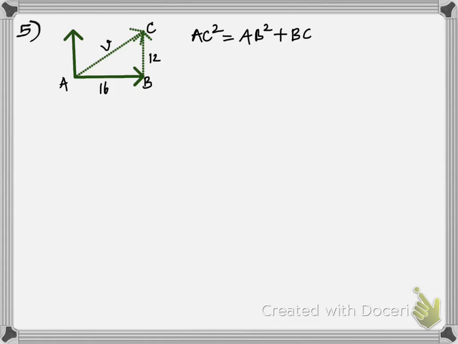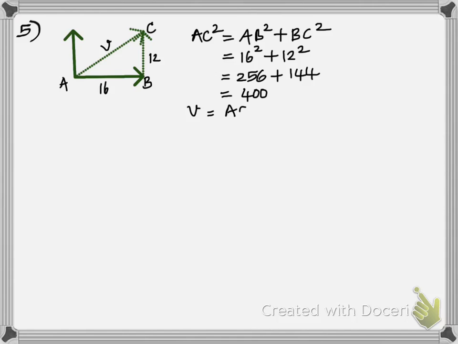And for that, use AC squared is AB squared plus BC squared, which will give you the vector AC. So that's 16 squared plus 12 squared. Take it as 256 plus 144, that's going to be 400. And therefore when you take the square root of 400, you get 20 meters per second. So that's the velocity with which it started out, and that's exactly the velocity with which it's going to finish.